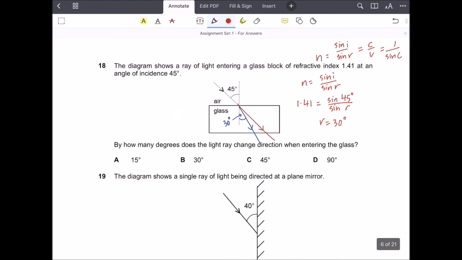If it did not bend, the whole thing would have been 45. Now in this question, they ask by how many degrees does the light ray change direction? So what I'm finding is this particular small angle here, which is 45 minus 30.